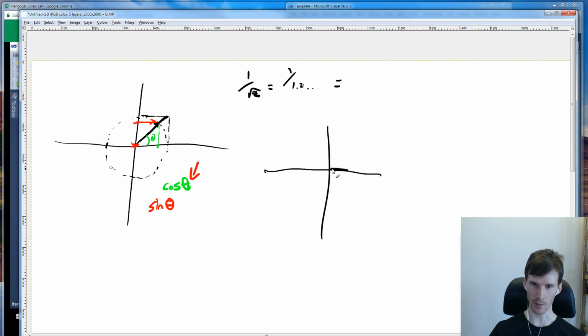So for theta 0, we have x equals 1 and y equals 0. If we have a theta of 90, we have x is 0 and y is 1.